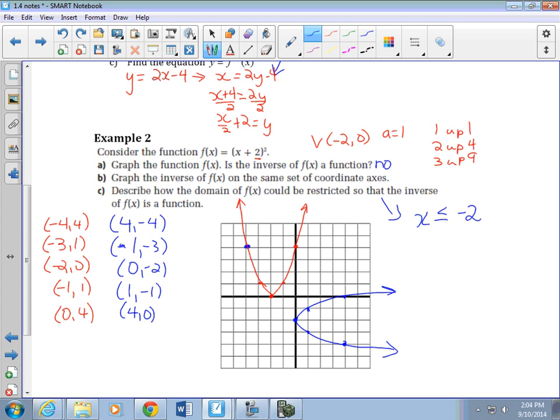Here, when it's negative 2, that's when my repeats started, so I can either do everything above negative 2 or everything less than negative 2. So that would be my restrictions, or that's how I could put restrictions on there so that my inverse could be a function.